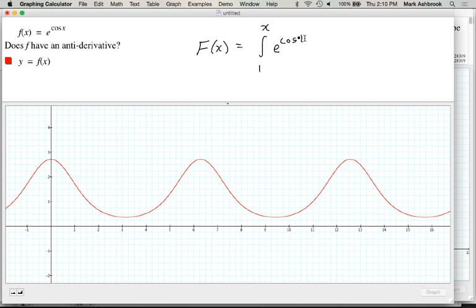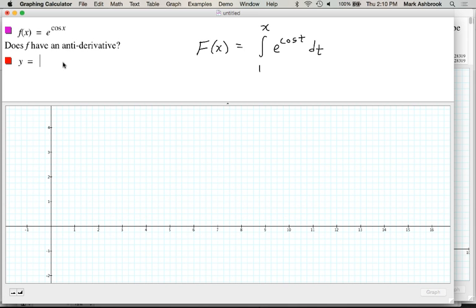Sure. Is this an antiderivative of e to the cosine x? Is this an antiderivative of e to the cosine x? Let's graph it.